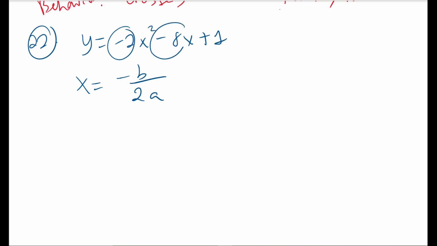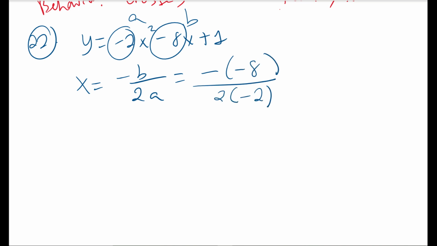A is negative 2, b is negative 8. So we have here negative b over 2a. 2 negatives is a positive. 2 times negative 2 is negative 4, so 8 divided by negative 4 is negative 2. So we have the x-coordinate of our vertex.